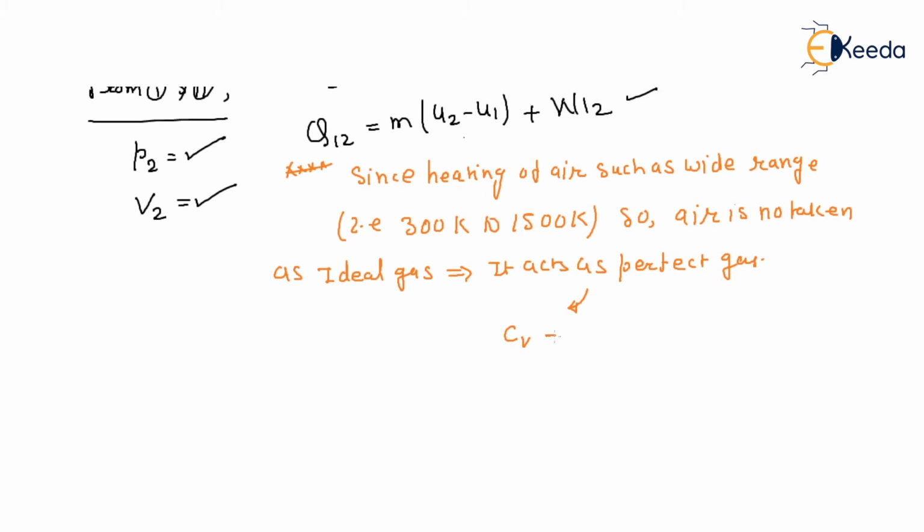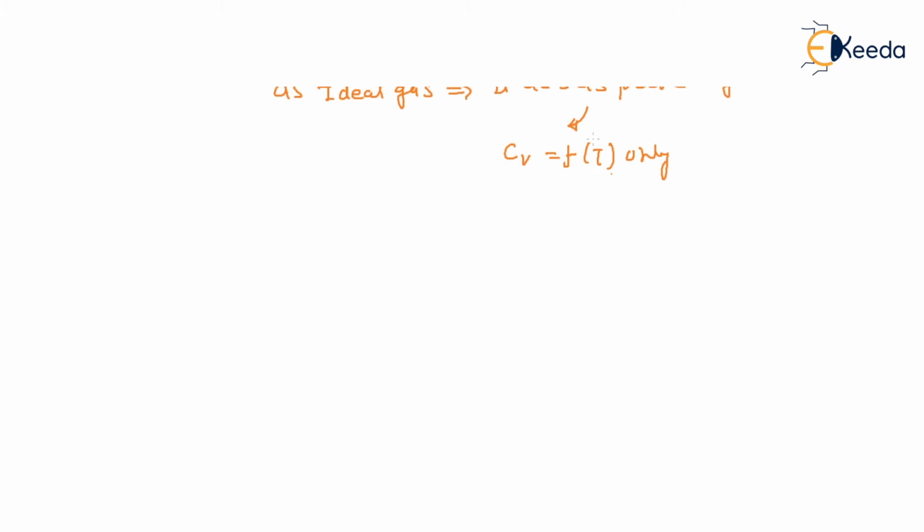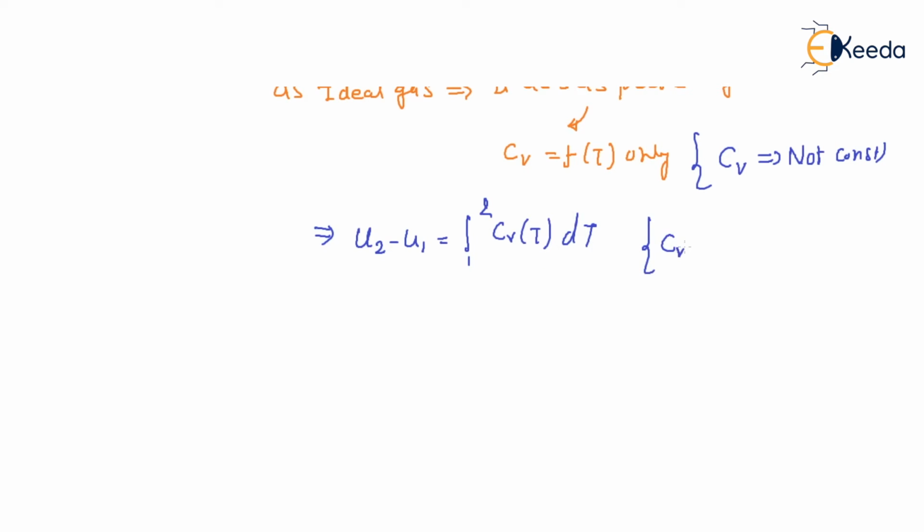When it is a perfect gas, CV is a function of temperature only, not constant. That is, CV is not constant. If CV is not constant, then to find U2 minus U1, you must have knowledge about the integral from 1 to 2 of CV as a function of T dT. That means you need a functional relation, but CV as a function of T is not given.